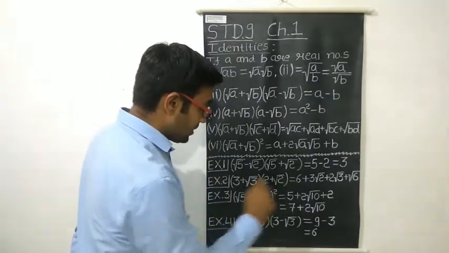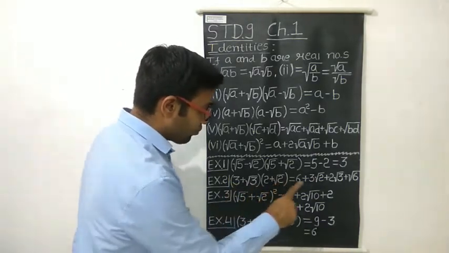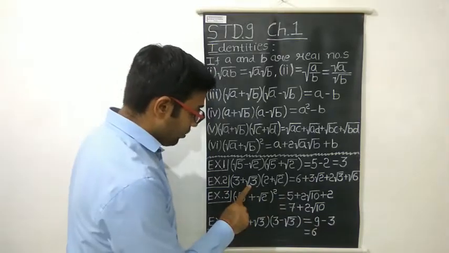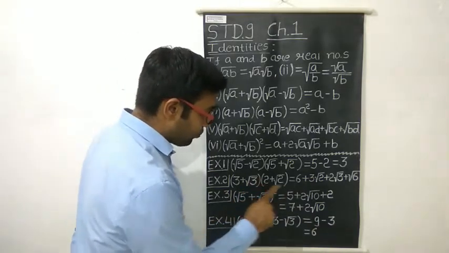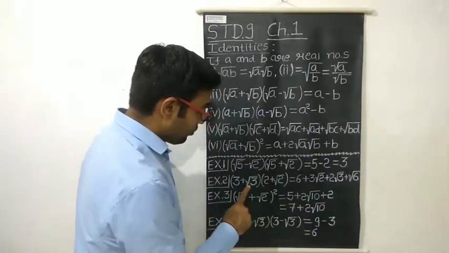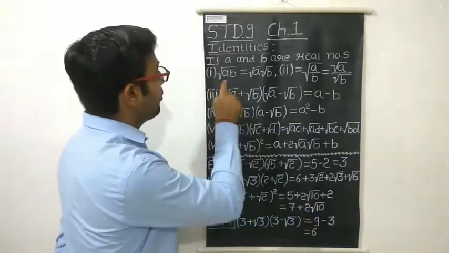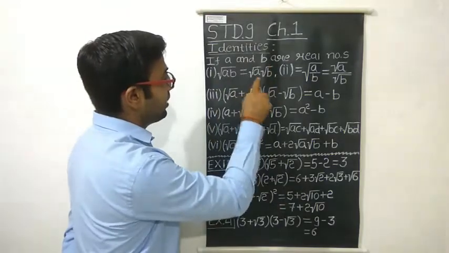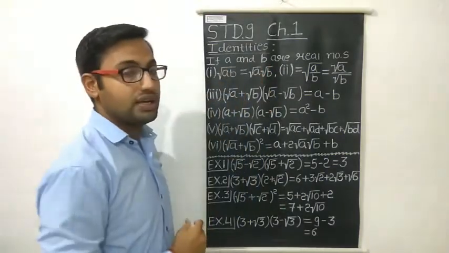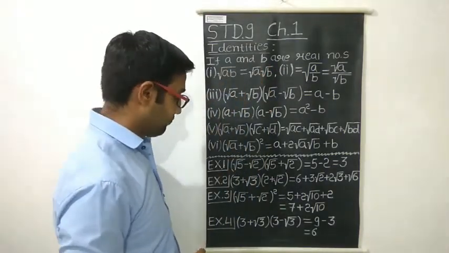So 3 into 2 is 6, 3 into root 2 is 3 root 2. Now root 3 into 2 is 2 root 3, and root 3 into root 2 we can write as root 6 according to this identity. If both are under different roots, we can write it as a single square root.